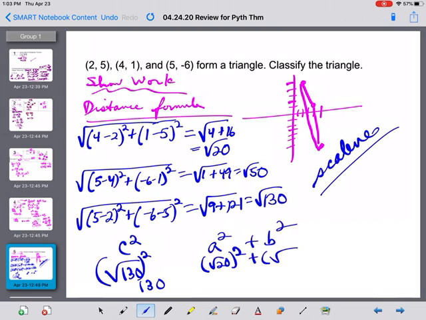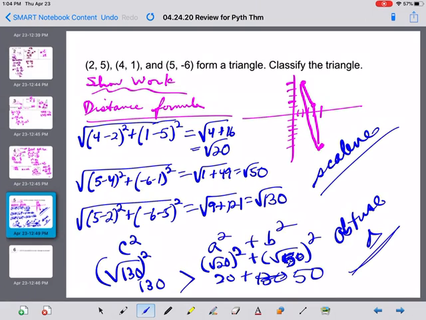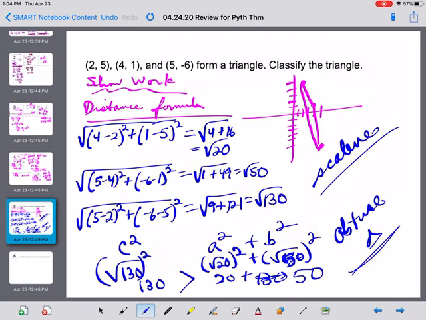And then square root of 20 squared plus square root of 50 squared. Oh, sorry, that should be a 50. So 20 plus 50 is 70. That is less than 130. This is an obtuse triangle. So it's scalene and obtuse.